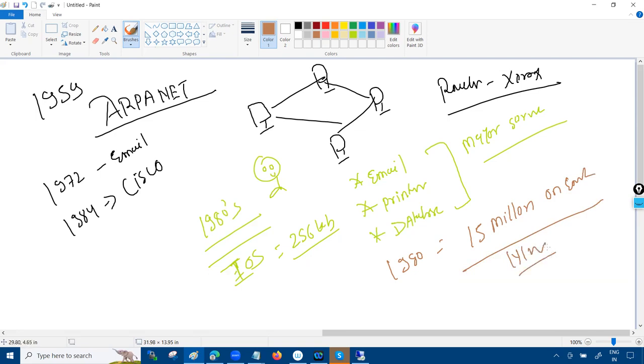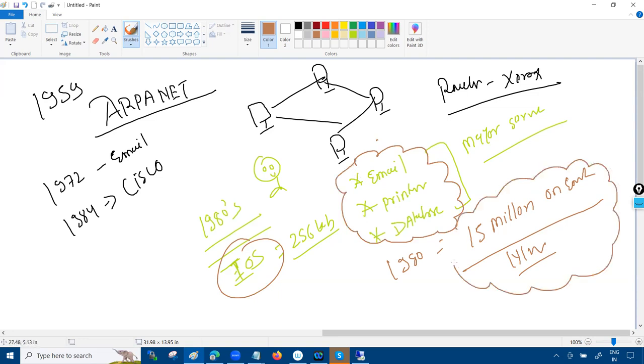The 15 million is equal to almost 1% of the Indian population right now. But still, iOS was able to handle all the services, can you see that? Even as the users were gradually increasing.